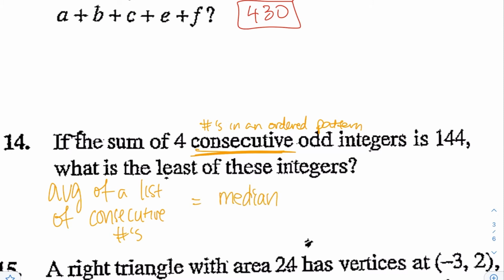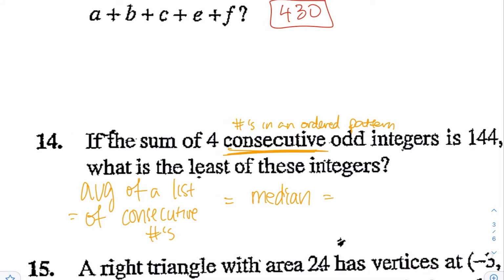And this is going to help us out a lot because we actually have the sum of these 4 numbers, which is 144. And remember, the average is equal to the total divided by the number of data.